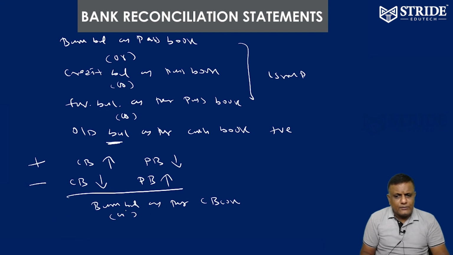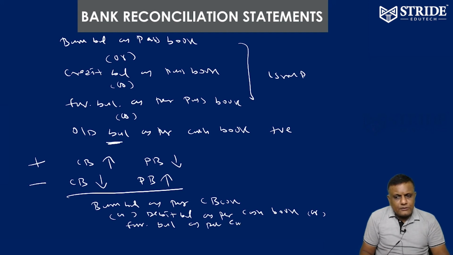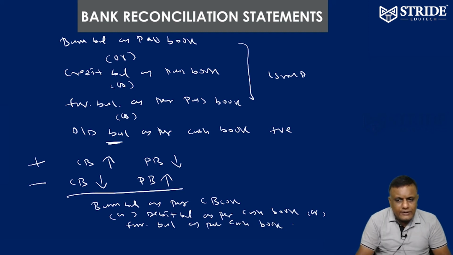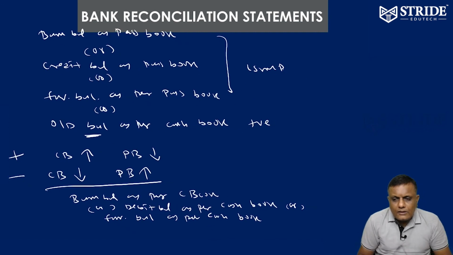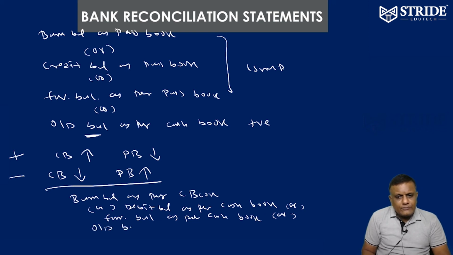Either you can call it bank balance as per cash book or debit balance as per cash book, or favorable balance as per cash book, or OD balance, suppose I am treating cash book as a positive figure.